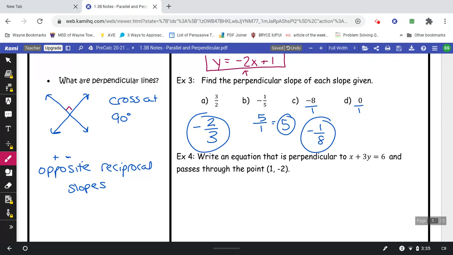All right, so part B, you should have gotten 5/1, which would just be written as 5. Part C, oops, this should be a positive. Positive 1/8. There we go.